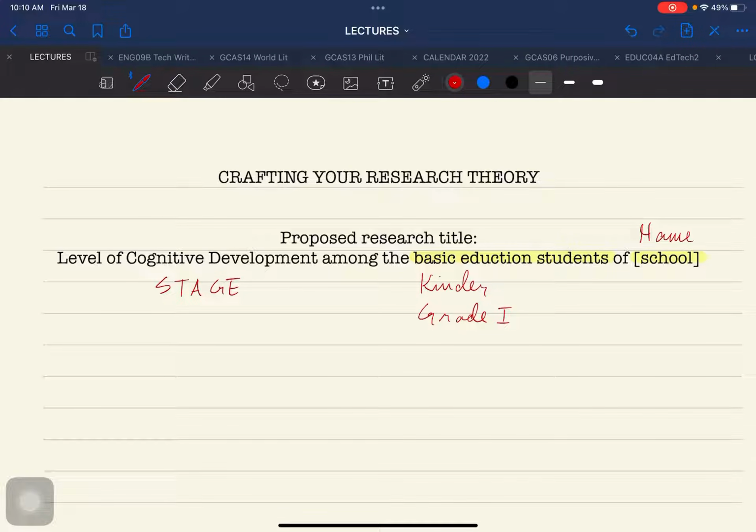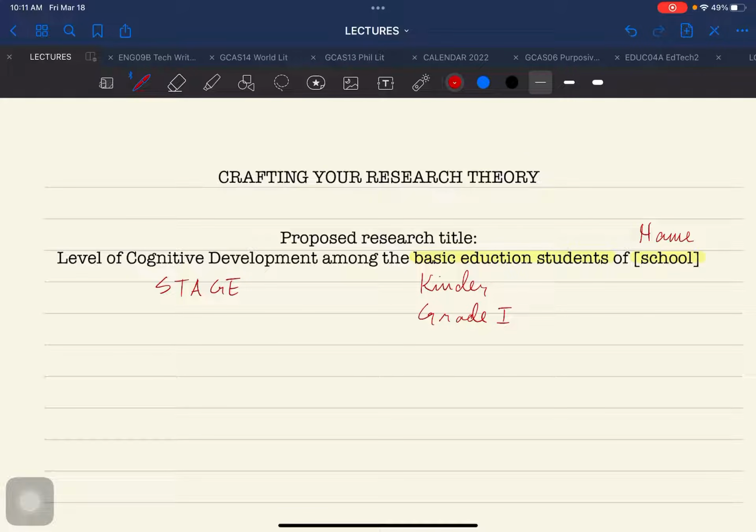Again, you can recycle this title by simply changing the variables that I have presented, but basically the aim and direction of this particular research title is to identify the level of cognitive development of these respondents in this specific school. Okay, so why do I need to provide findings for this particular study?